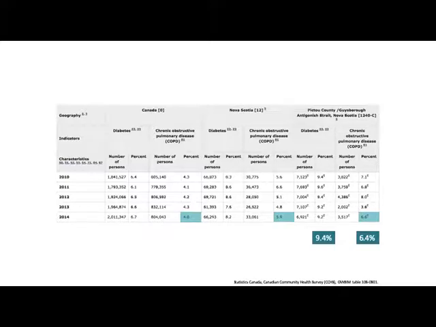But good news is that it's been stable, relatively stable over the past 5 years. And it's difficult to look at our numbers locally because our data sets are relatively small, which is what these little asterisks mean here. But if you look provincially or at the national level, these rates of diabetes and the rates of COPD are all generally stable.